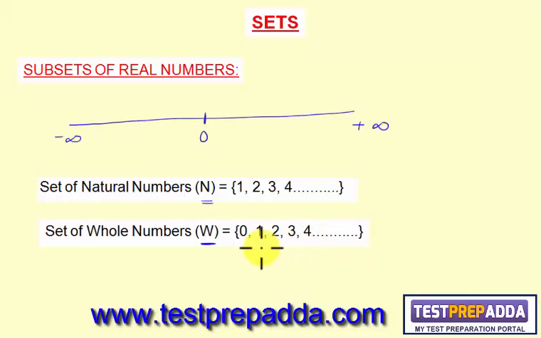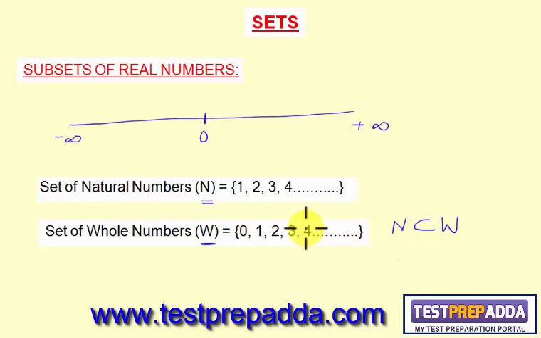Okay, so natural numbers we can say as the subset of whole numbers. Each element of the set of natural numbers is there in the set of whole numbers. That is why I have written N is a subset of W.